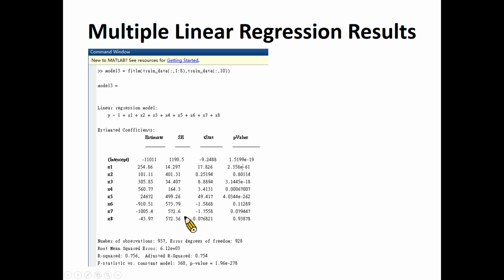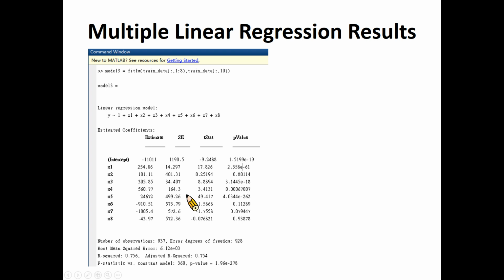Okay, so the question is that because we gave the model numerical data and we didn't specify the names, it's not very straightforward to interpret this result. But for now, we just go back to our previous slides, because we already know that X1, X3, X4 and X5 are significant in predicting insurance claim.